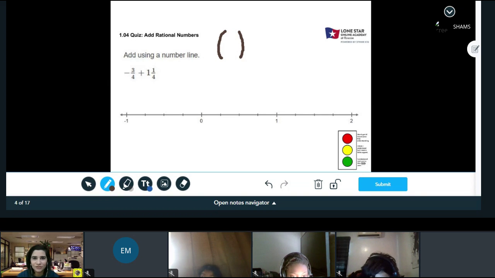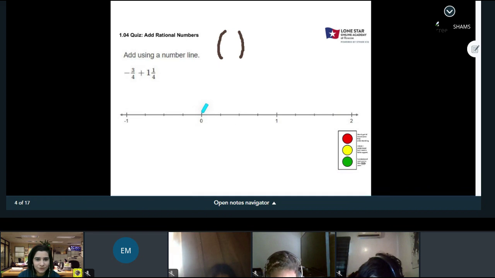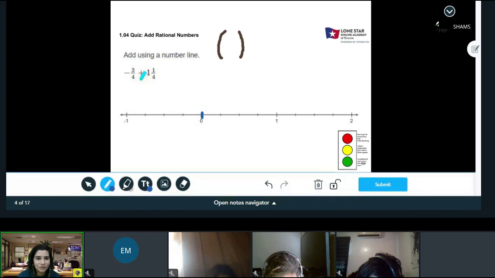Go ahead. Try to mark negative 3/4 on the number line. Let's see, Emiliano already marked, very good. Negative 3/4 on the number line. Okay, a negative number is to the left of 0. And here is the 0, right? This is 0. So a negative number will be to the left. 3/4.